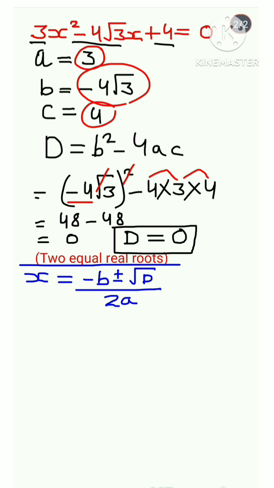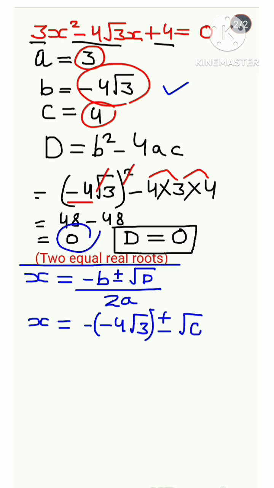Now x equal to minus b, we have minus of minus 4 root over 3, plus minus root over D, which we obtained here as 0, by 2 into a, we have 3.